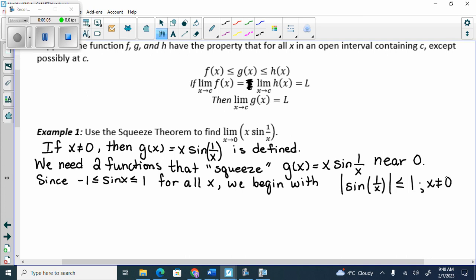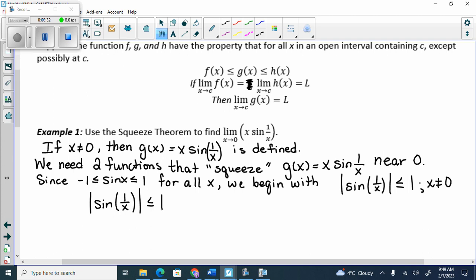So I'll show it here so you can see it. We have the absolute value of sine 1 over x is less than or equal to 1. Now you just said the same thing, David. You said, where the heck did the x go? We need to bring the x back, right? We have to use just the sine function because we know that the sine function is between -1 and 1. So I can say that the sine 1 over x function is between -1 and 1, right?